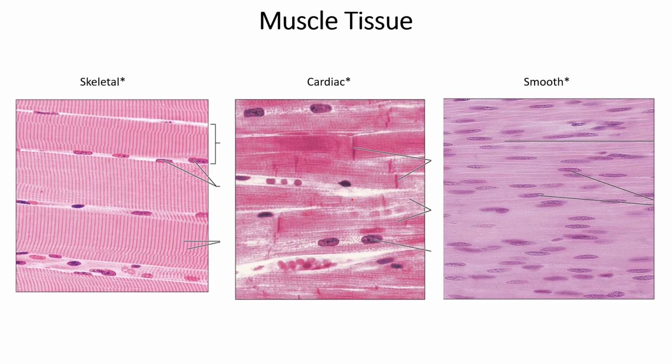So moving on to muscle tissue. There are three different types or subcategories of muscle tissue: skeletal, cardiac, and smooth. Now we can look at all three here side by side and notice similarities and differences. For skeletal muscle and cardiac muscle, right out of the gate you should notice these elongated, horizontal rectangular shaped structures, right?